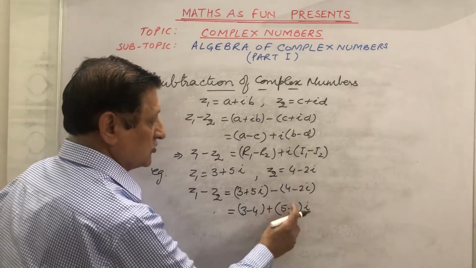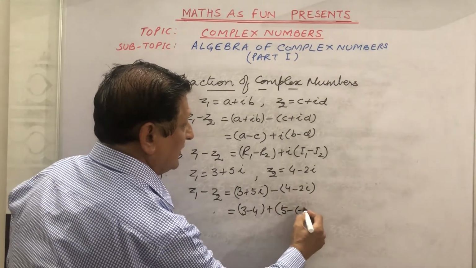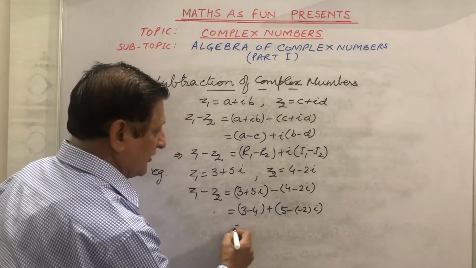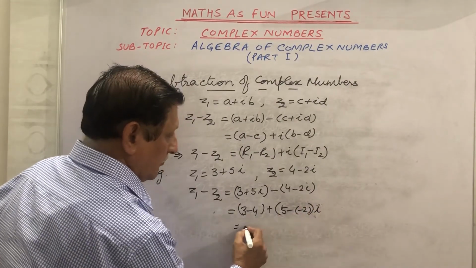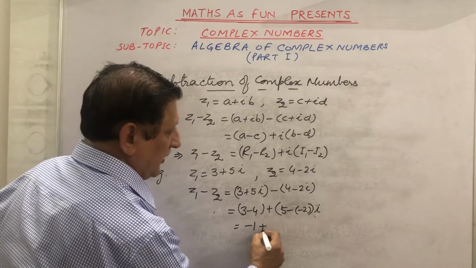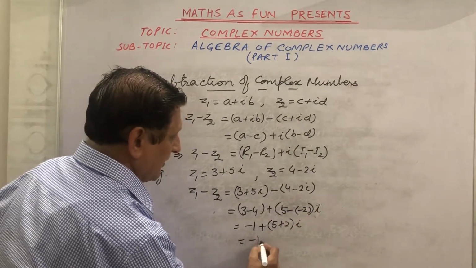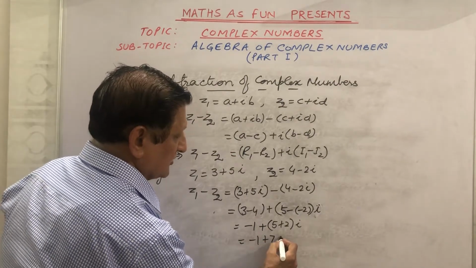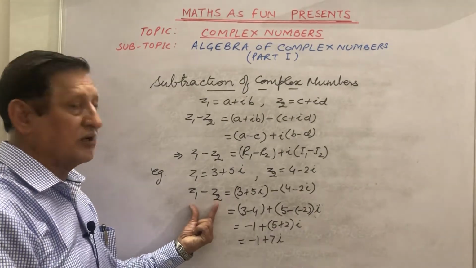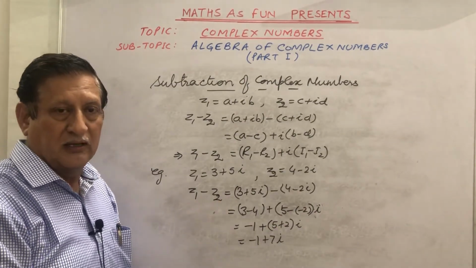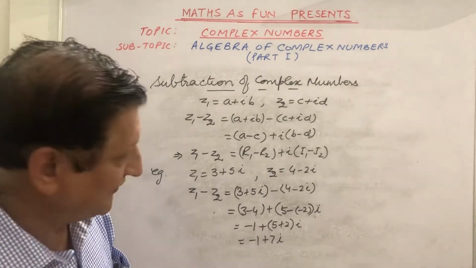But it is minus 2, so it will be 5 plus 2 iota, minus into minus is plus, and that forms minus 1 plus 7 iota, which is the difference of z1 and z2. Let's take now some properties of the addition of complex numbers.